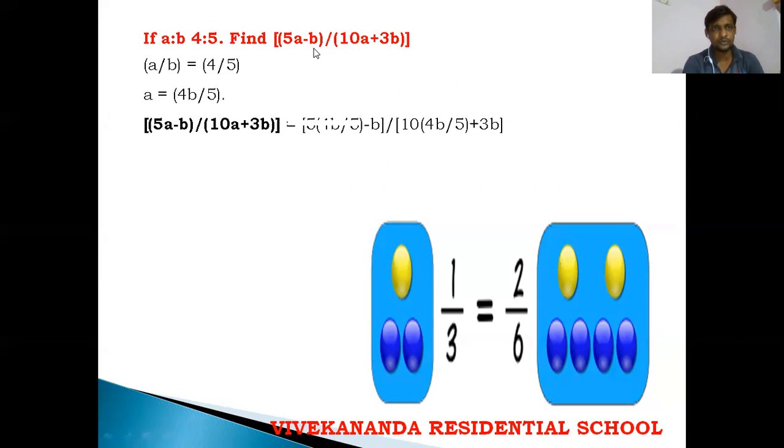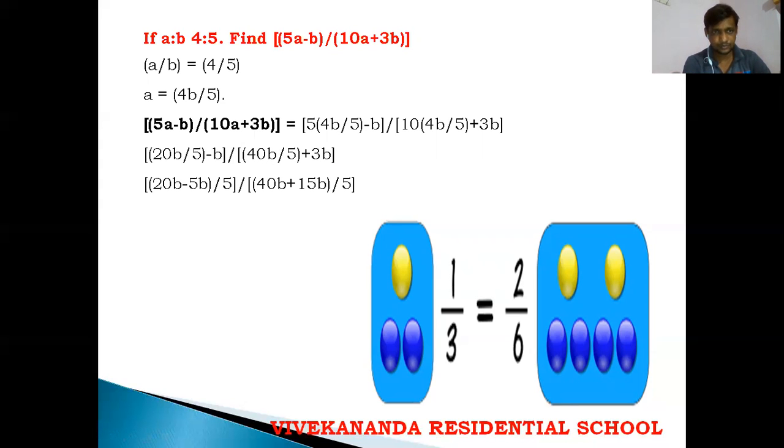Then 5A minus B divided by 10A plus 3B is equal to 5 into 4B by 5 minus B divided by 10 into 4B by 5 plus 3B. So after simplification, this 5 for the 20B by 5 minus B is divided by 10 for the 40B by 5 plus 3B, as it is. That is the denominators.